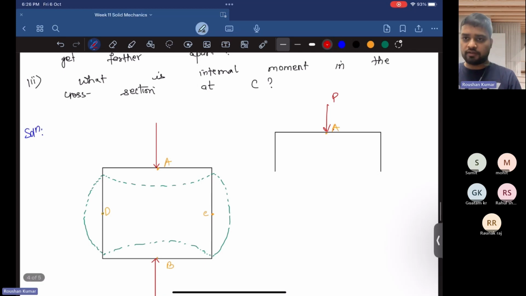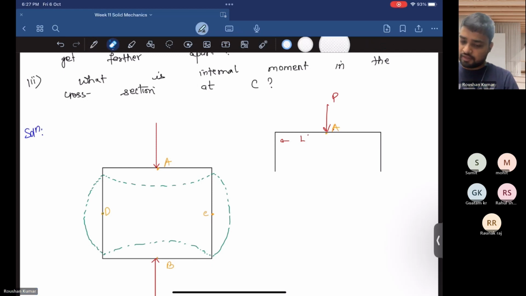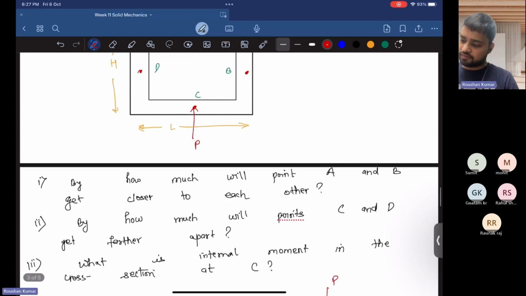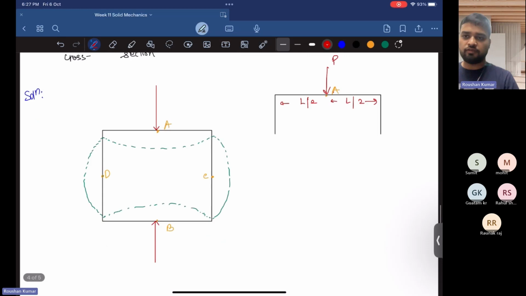Because the external force is acting downward, to maintain equilibrium, equal and opposite forces act. Because this length is L by 2, and this length is L by 2, the force P is acting at equal distance from both the ends.